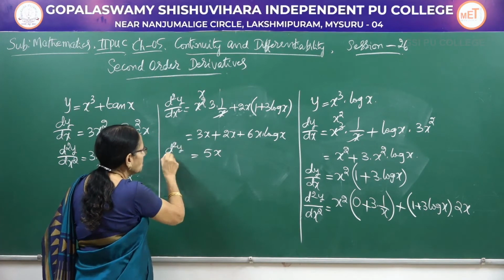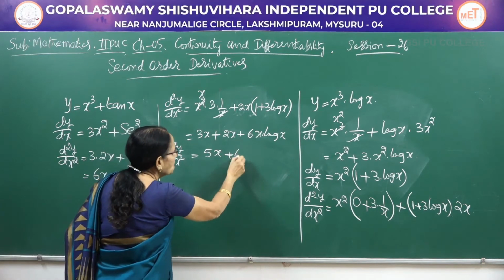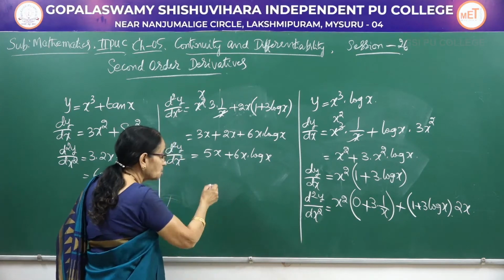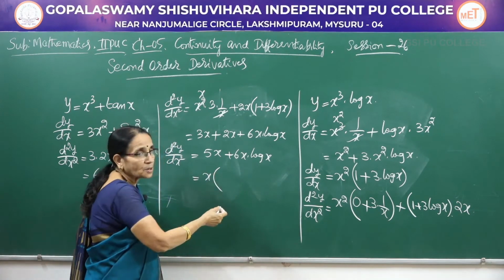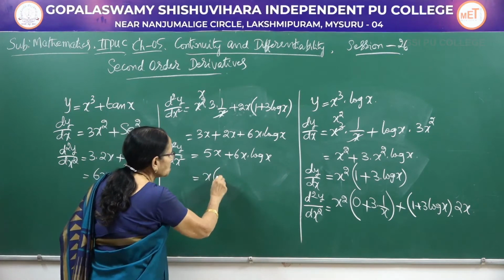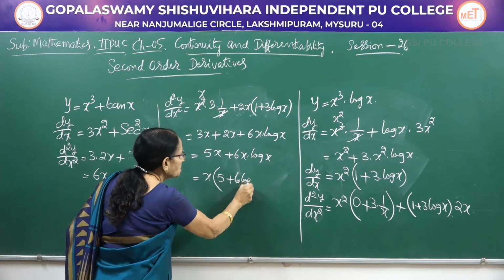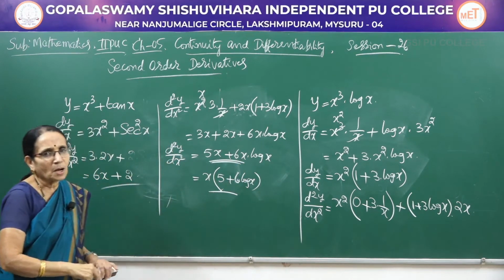So the second derivative becomes d square y by dx square equal to 5x plus 6x into log x. You can stop here, or you can take out one more common factor, present the answer in another way. When you take out x as common factor, it becomes x into 5 plus 6 log x. Even if you stop here, you get the marks for that one.